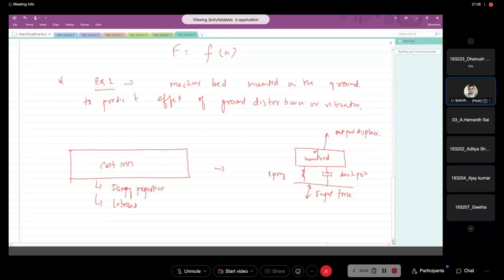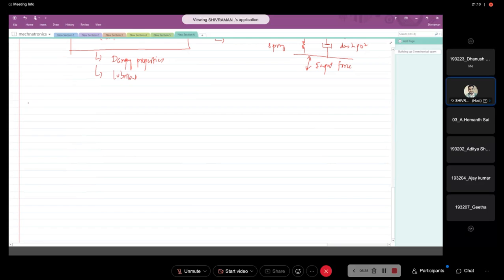Likewise, a system model can be developed for a tire suspension system, a vehicle suspension system. So we have a suspension system where we want to predict the behavior of the vehicle on different terrain, because on different terrain the suspension system will behave in a different manner.